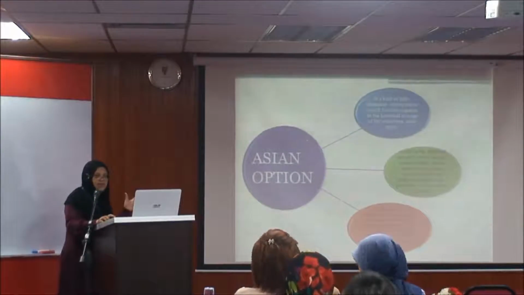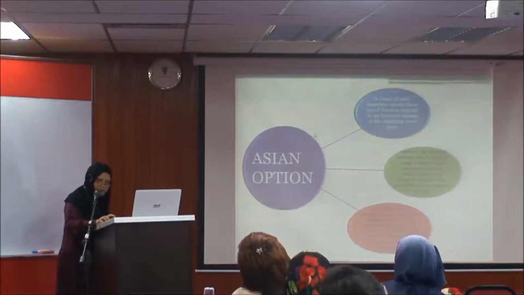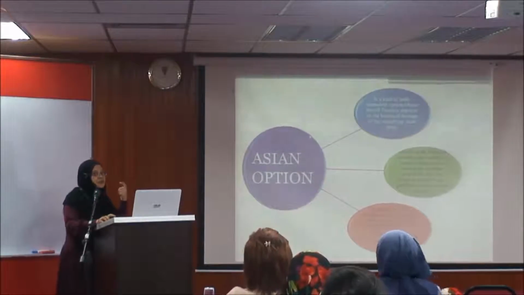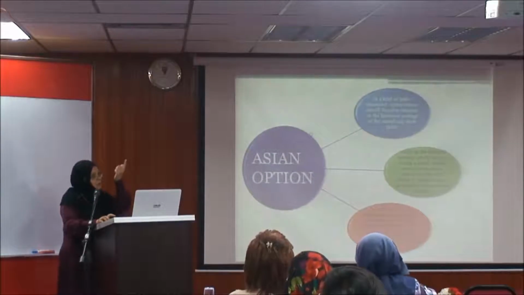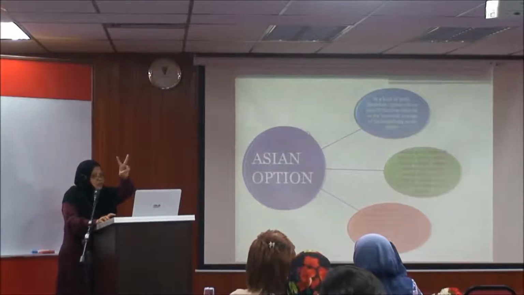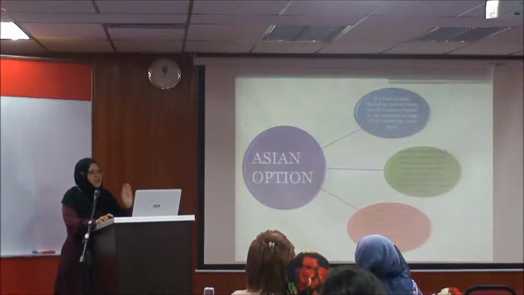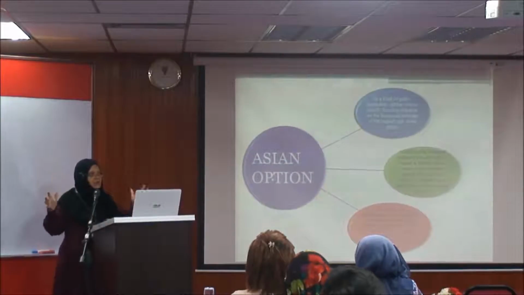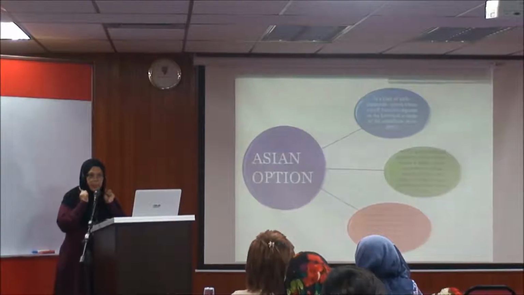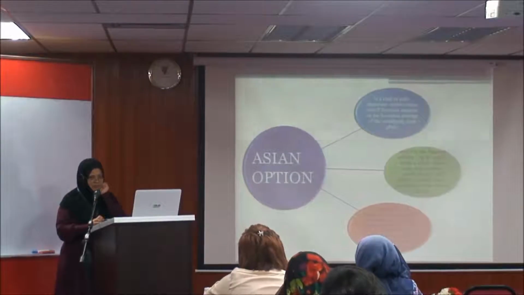Now, just now we were talking about the option, and then I introduced the European option. It is a Black-Scholes model with 2 variables. Now, Asian options have 1 extra variable. So the Asian option is going to be a formulation of a PDE with 3 variables.